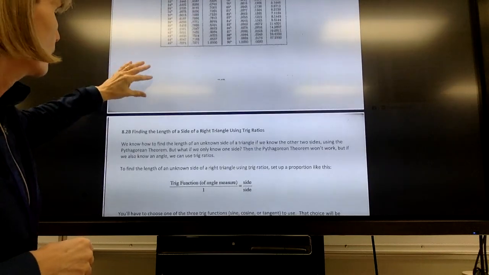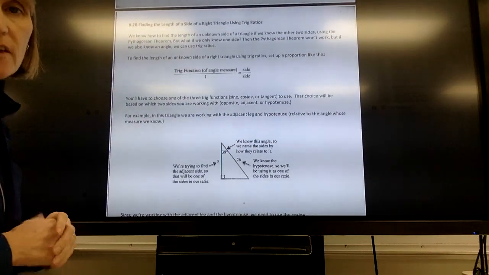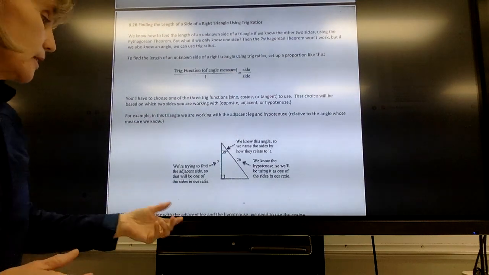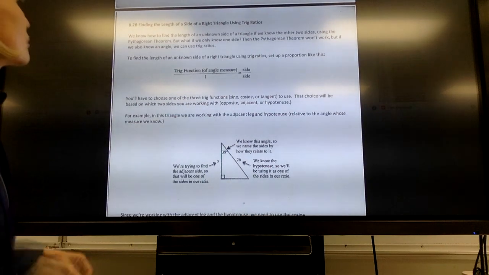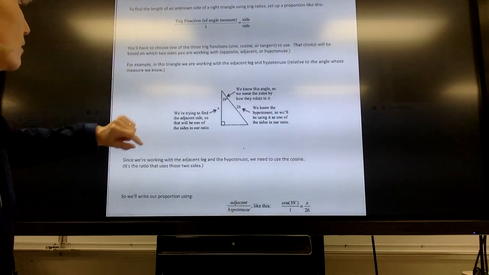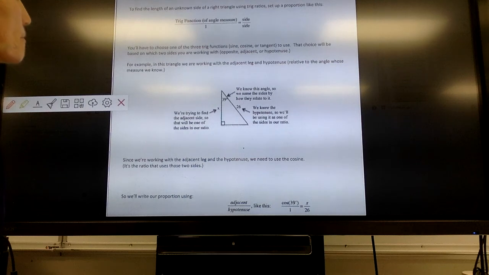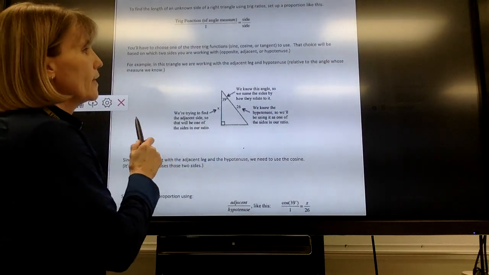Okay, let's move on. This is 8-2b. We can use the sine, the cosine, and the tangent to find the missing length of the right side, or any side of a right triangle. Let's look at your picture to begin with. It says in this triangle, we're working with the adjacent leg and the hypotenuse.